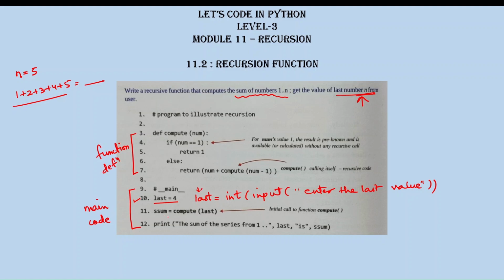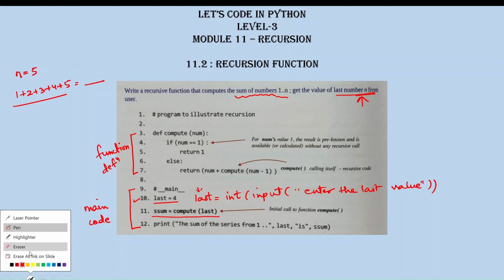Fine. After this, here is our function call. The name of the function is compute, as it is already defined over here. Here we are calling that function. And what are we sending? The argument to be sent to the function is this value of last. Within the brackets we have one argument which is being sent. Now, the function has to compute the sum of numbers, so there has to be a return variable also, which will store the result.